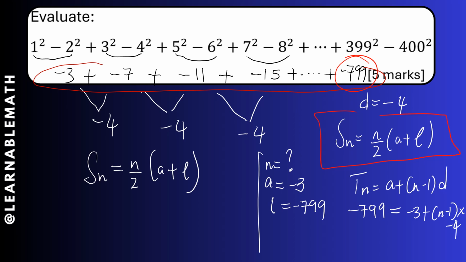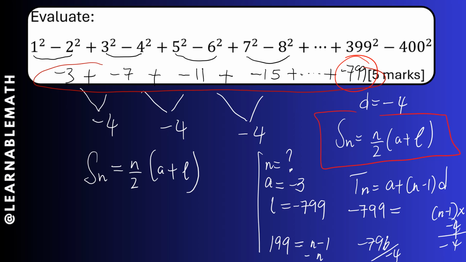So if we say negative 799 plus 3, when we take the 3 to this side, it will be negative 796. Then to remove this negative 4, I'll divide by negative 4 on both sides. So negative 796 divided by negative 4 is going to give me 199, equals n minus 1.